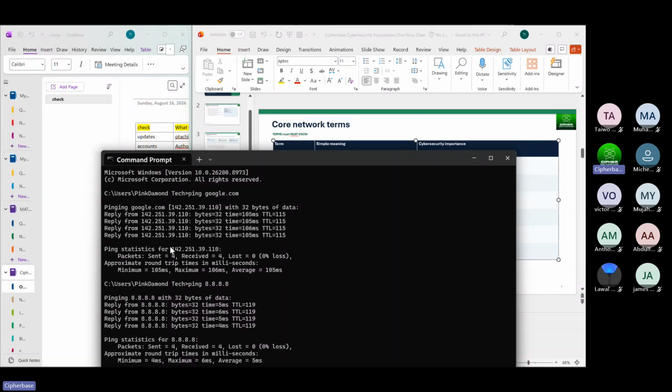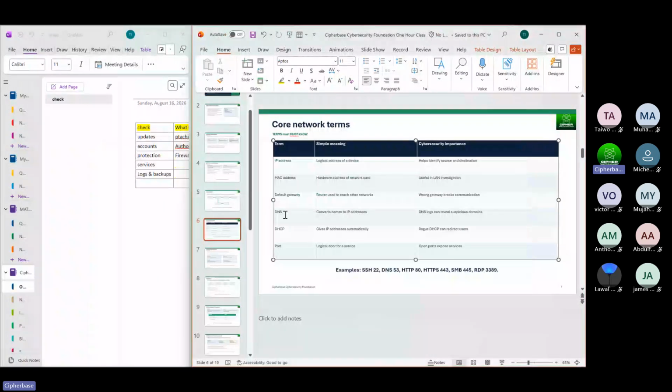This is what we analyze to understand what is behind the events, the alerts that we are working on. All these are what we put together to understand. So, DNS converts names to IP addresses. DNS logs can reveal suspicious domains. That's why I put this DNS here.